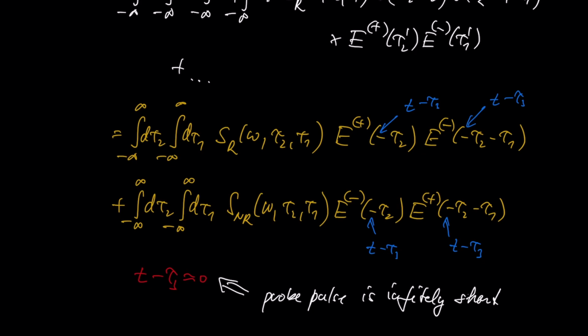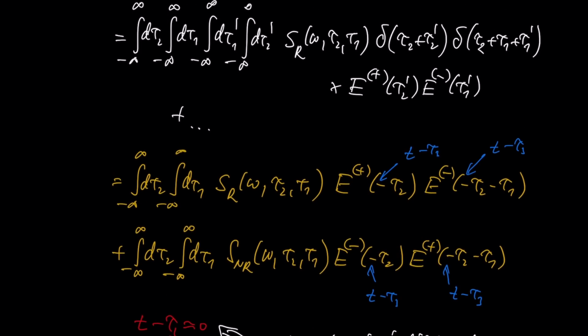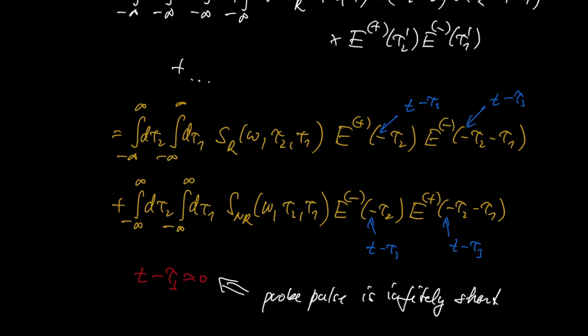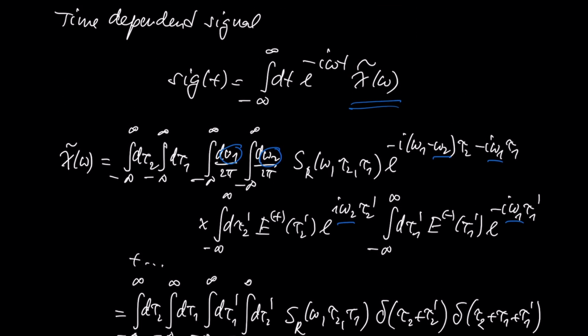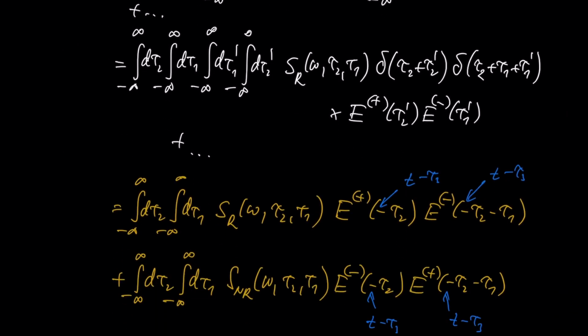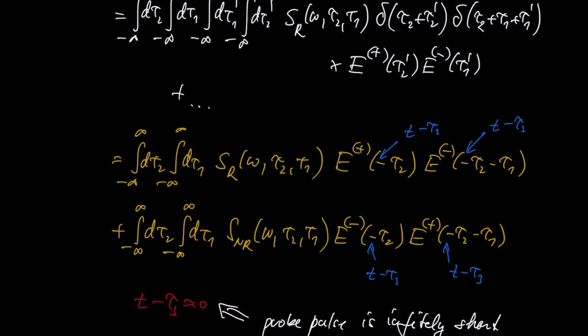Okay, so this tells us that when we detect the signal in the heterodyne detection scheme, we basically detect what we want. We detect this chi tilde, which is basically the response functions weighted by the excitation pulses.